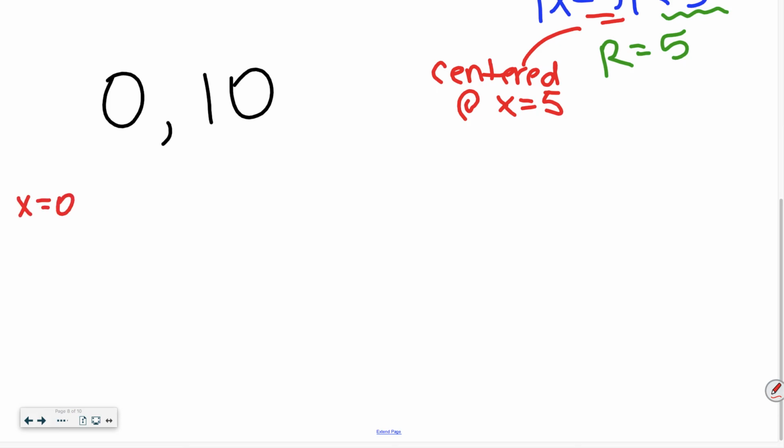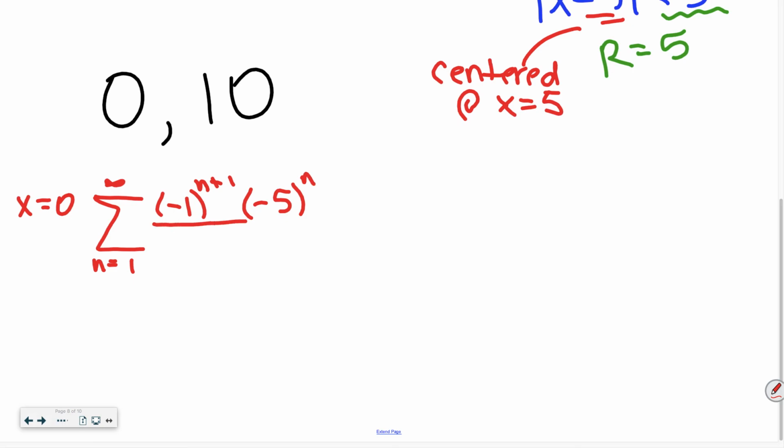x equals 0 means we have the series of negative 1 to the n plus 1. What's 0 minus 5? Negative 5. We're just not going to do all of that. Hold on.